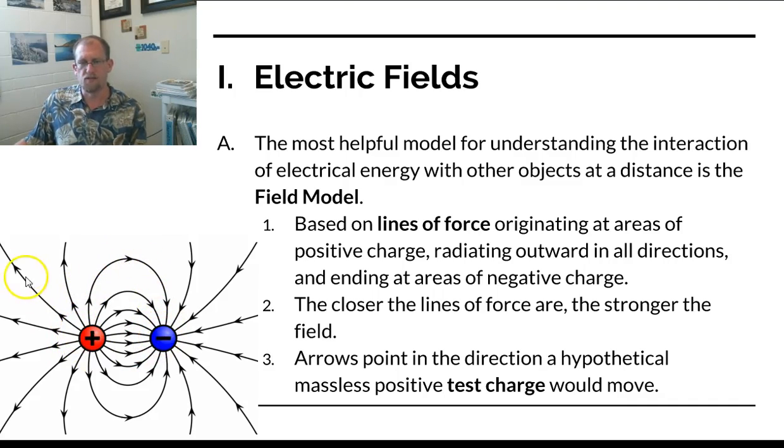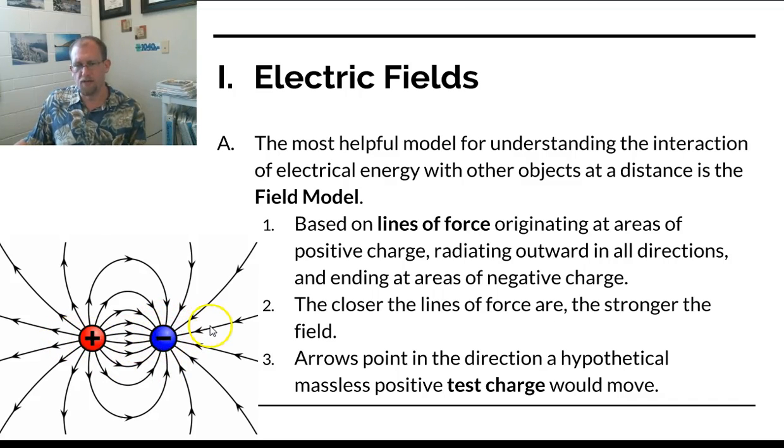So even this one that goes off the map, it curves all around, then comes back in over here and ends at the source of negative charge. And this one goes this way, curves off the map, and comes back to end this way at the source of negative charge. So directly between them there are nearly straight lines, but they always leave radially from a source of positive charge, and they end radially at a source of negative charge.